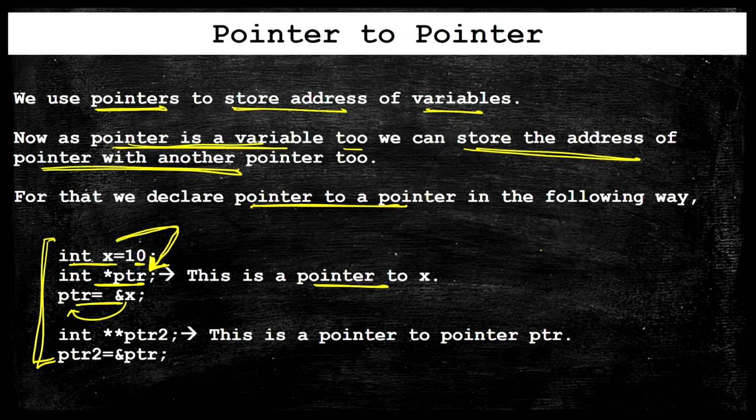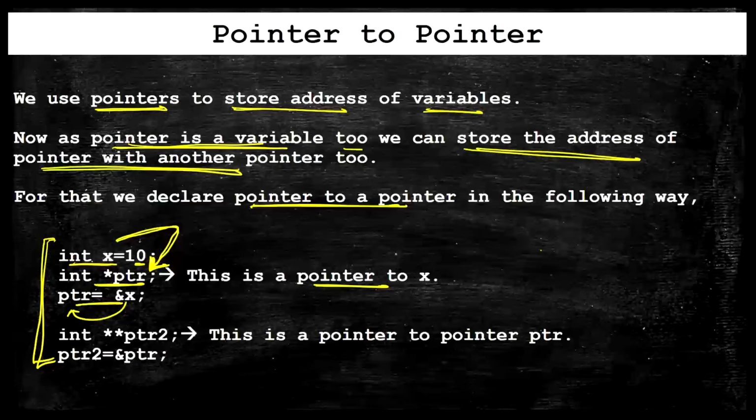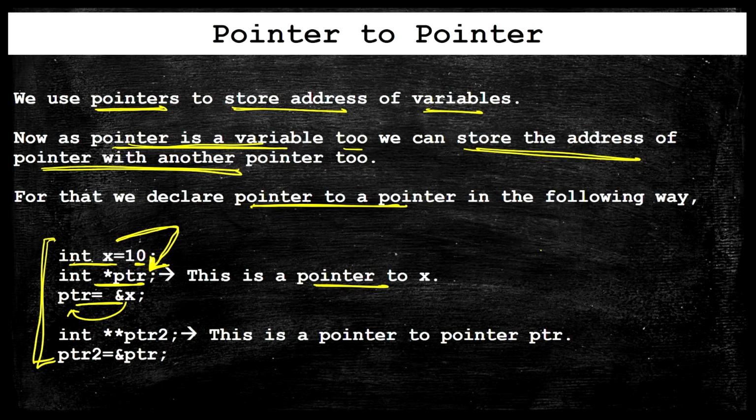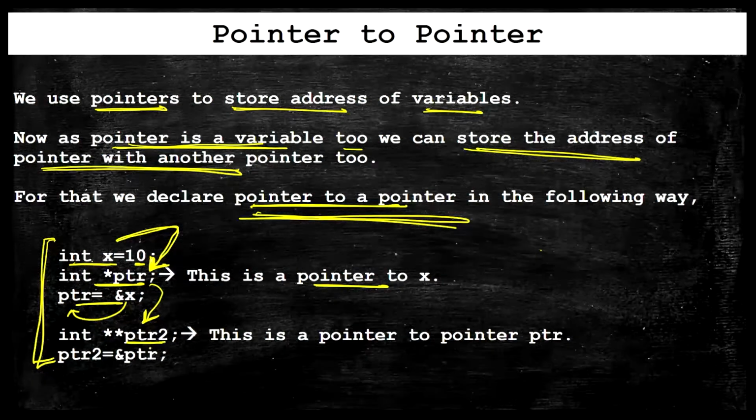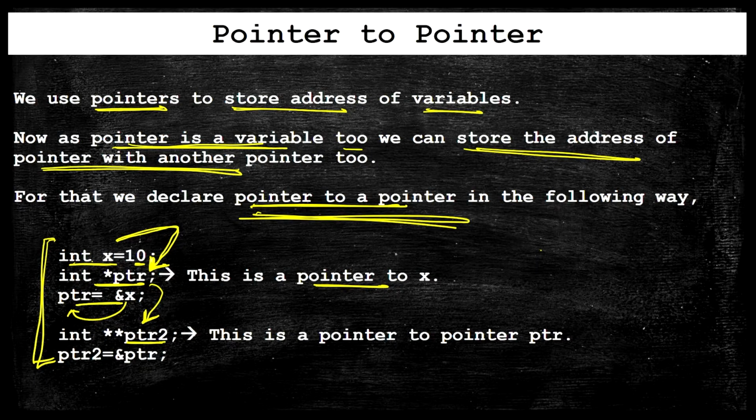Now, we want to store the address of this ptr. So, how will we store it? We will store it with the concept of pointer to pointer. So, what we will now do is define another pointer by using two asterisks. Why? Since this is ptr2 and it is going to store the address of a pointer, we use two asterisks, that is two stars.